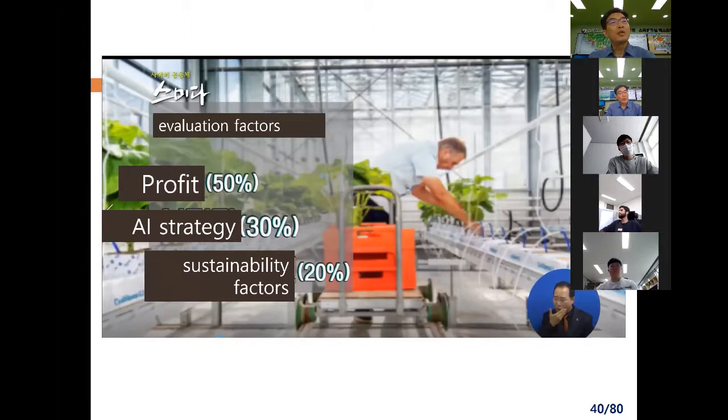The final evaluation of the competition is determined by cropping for 4 months, which are profit, strategy, and sustainability factors. Profit is the most important factor. Profit comes from selling cucumbers to the market, and the evaluator checked a strategy to decide when to sell them to the market.